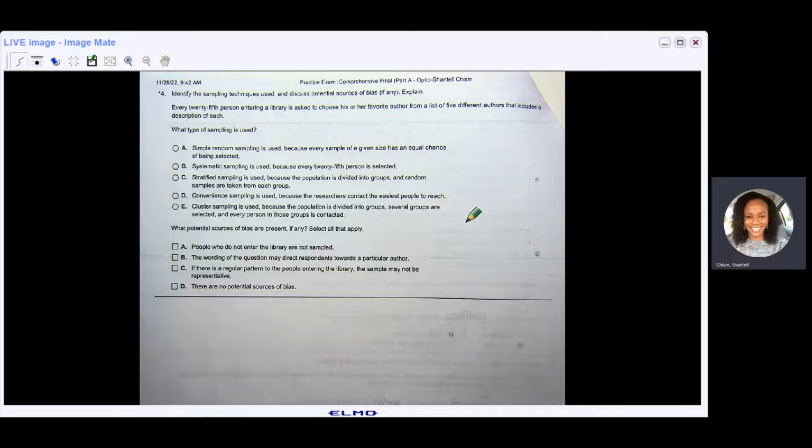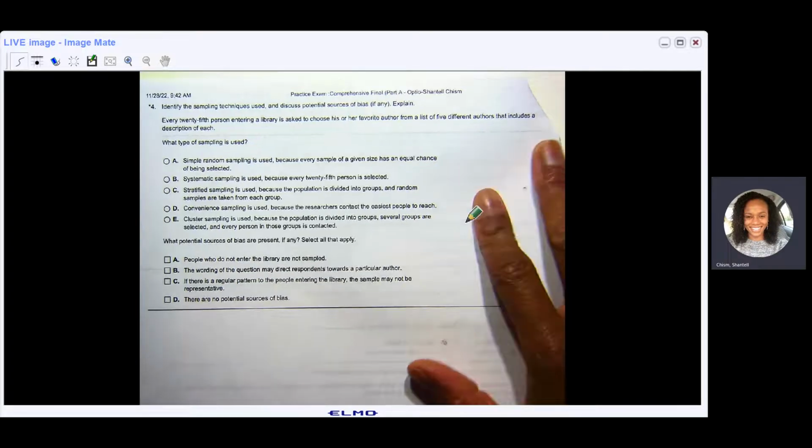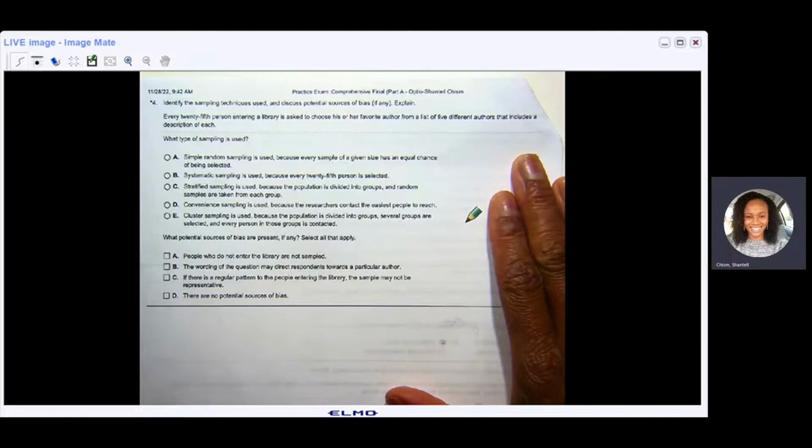It says every 25th person entering a library is asked to choose his or her favorite author from a list of 5 different authors that includes a description of each. So every 25th person entering the library is asked to do this. That's how they're pulling their sample. So what kind of method would this be?